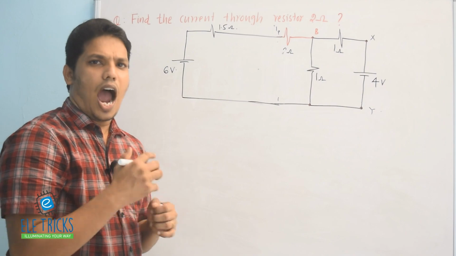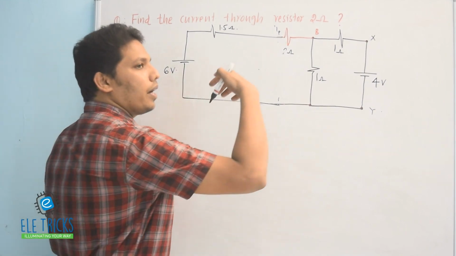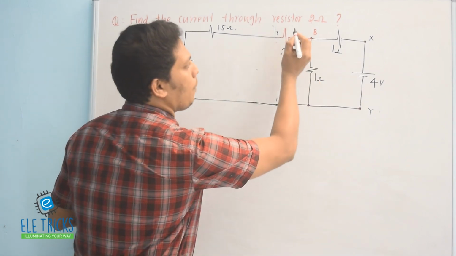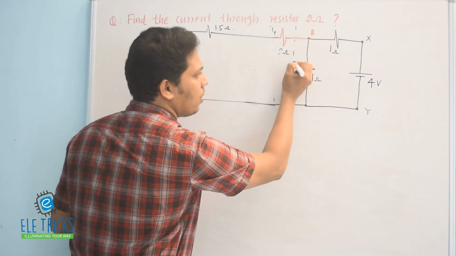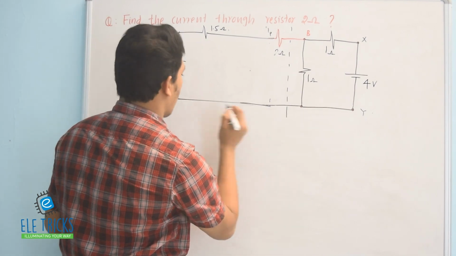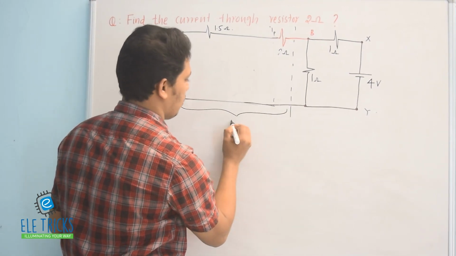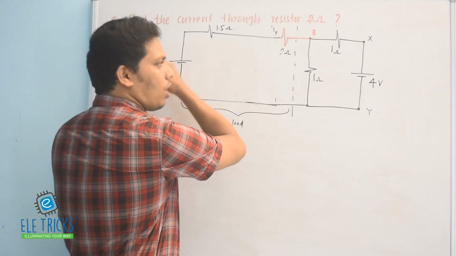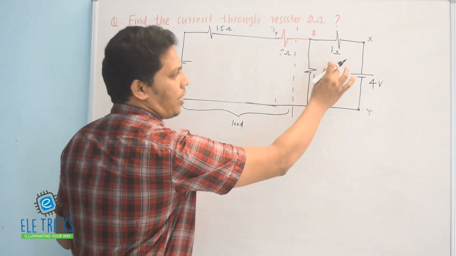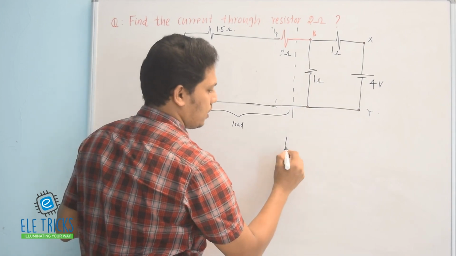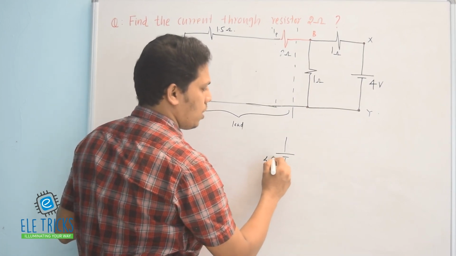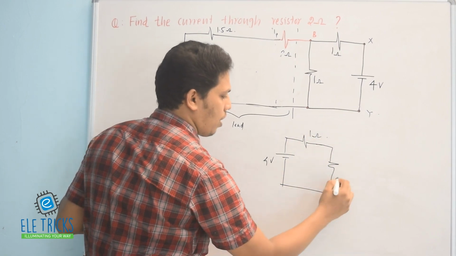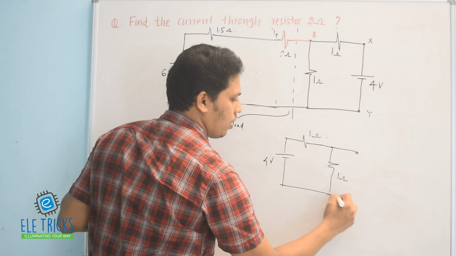Then I am applying the same procedure on the right hand side. See, I am breaking my circuit from here. Then I am considering this as a load. Okay. So you remove the load. You can calculate the Thevenin equivalent of this: that is 4 volt connected with 1 ohm, again connected with 1 ohm, and the load is here.